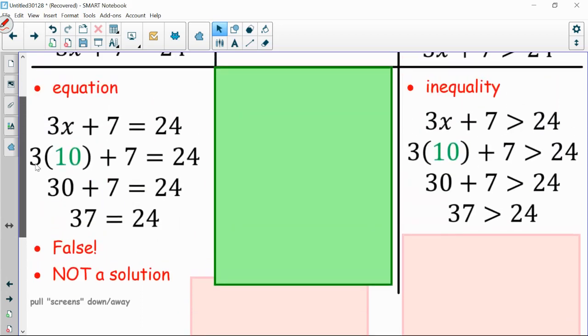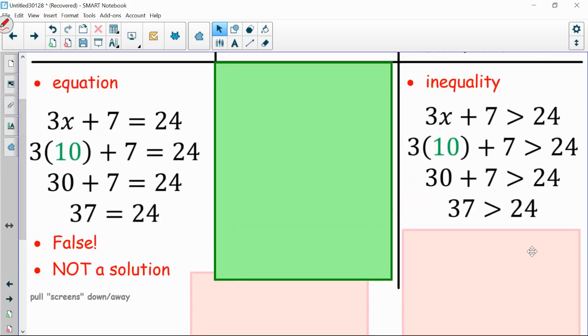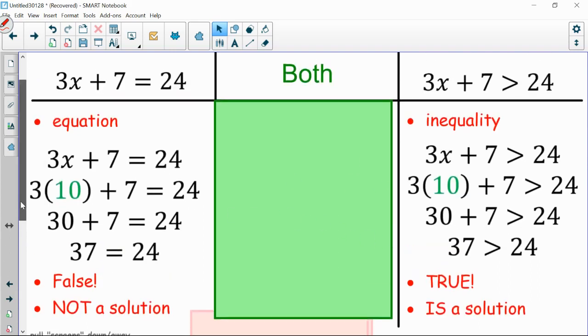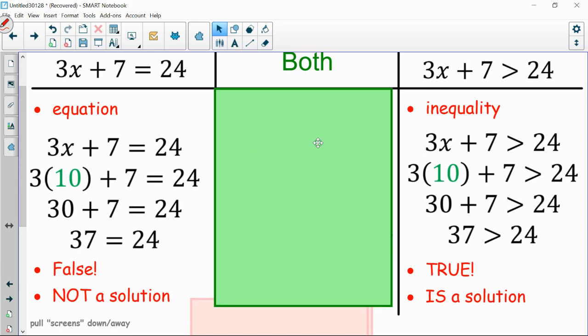It is false. What about, is 37 greater than 24? Yes. So that's where they're different: they both are replacing x, but our solution actually comes out different. But what do they have in common?